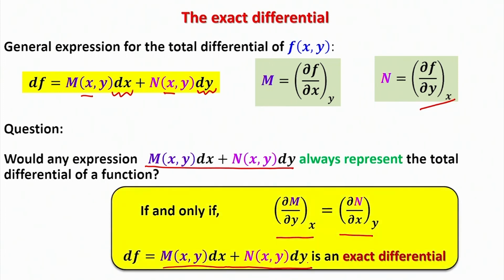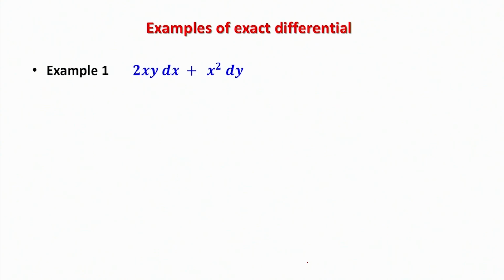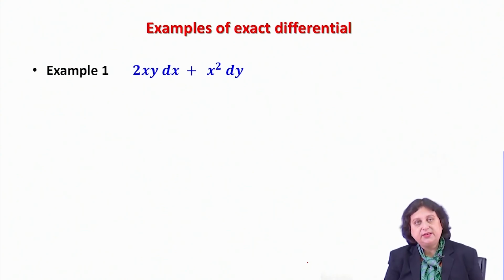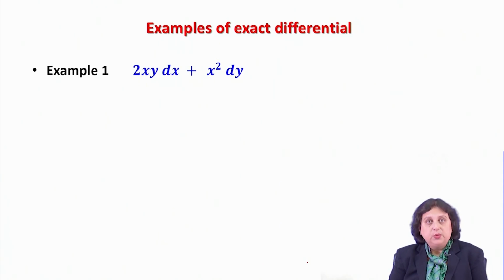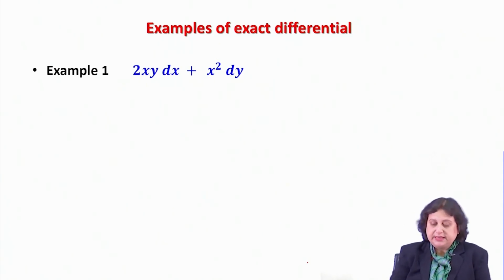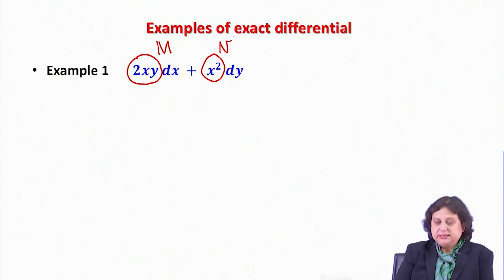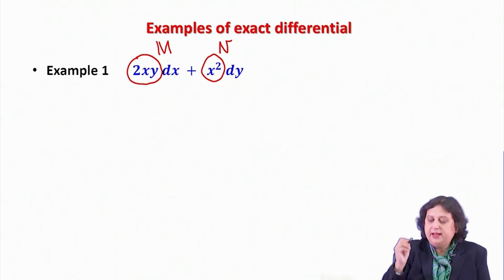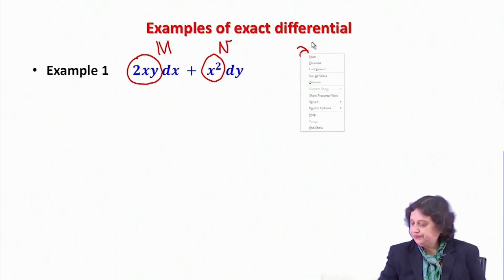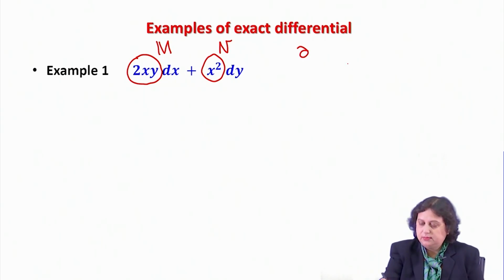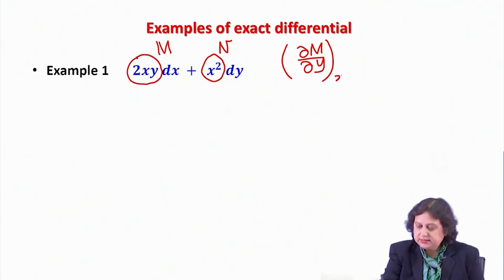So now let me take one example and check if this is an exact differential. Here, can you identify in this expression what is M? Of course, this is M and this is N. So my point is, I need to find out ∂M/∂y, keeping x constant.